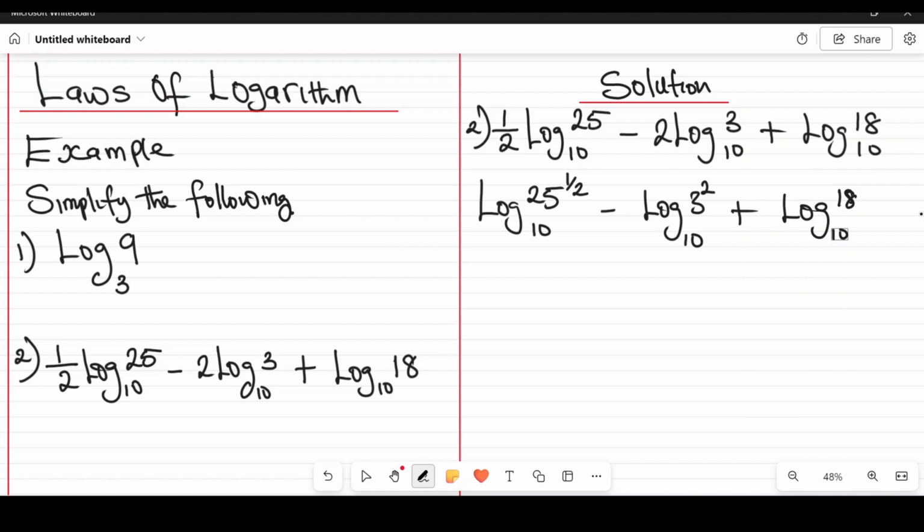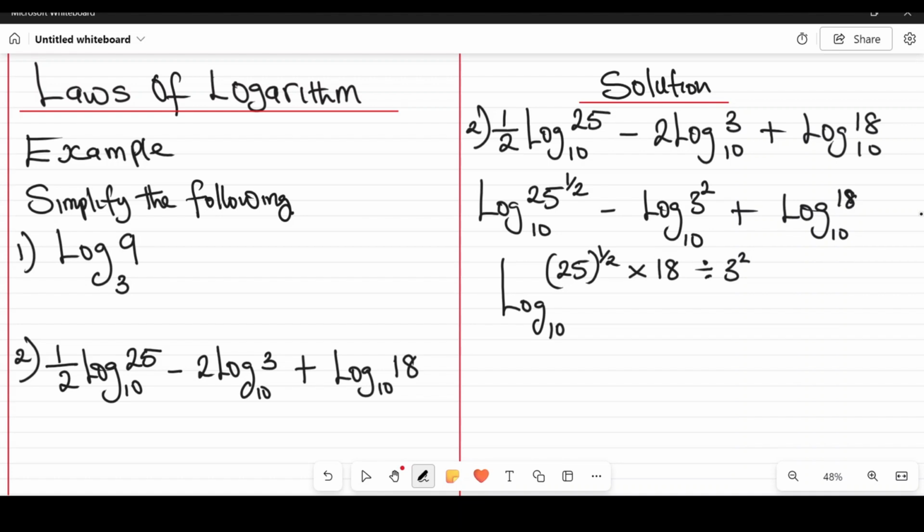From our laws of logarithm, this expression can be written as log of 25 raised to the power of 1 divided by 2 times 18 divided by 3 squared in base 10.